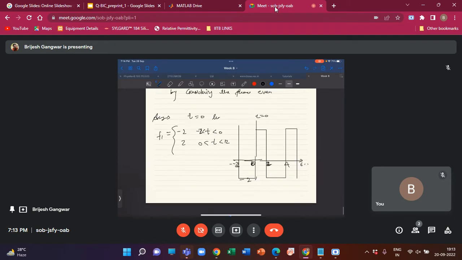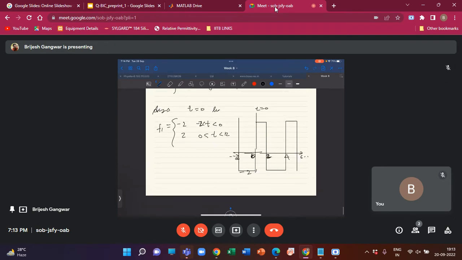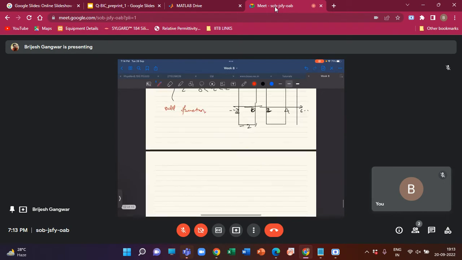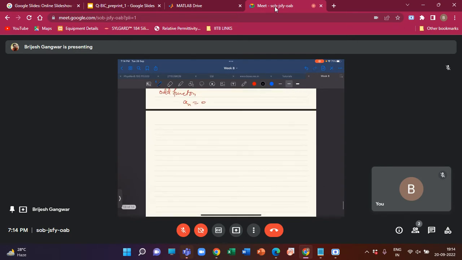So this will be our odd function, while we will also consider an even function. And we know for this odd function a_n will be 0. Okay, so this we get from the last experience which we solved last time.